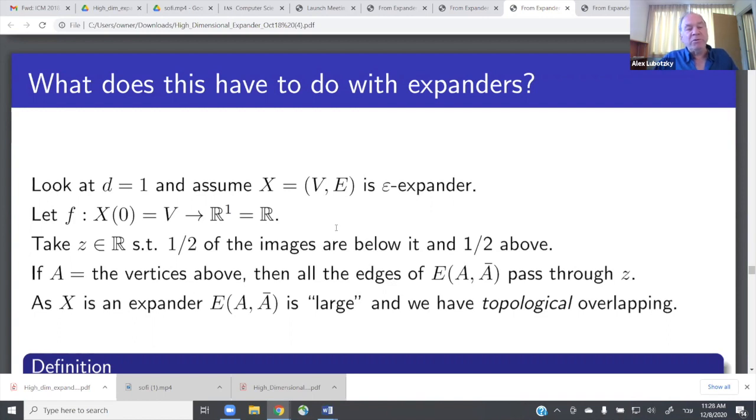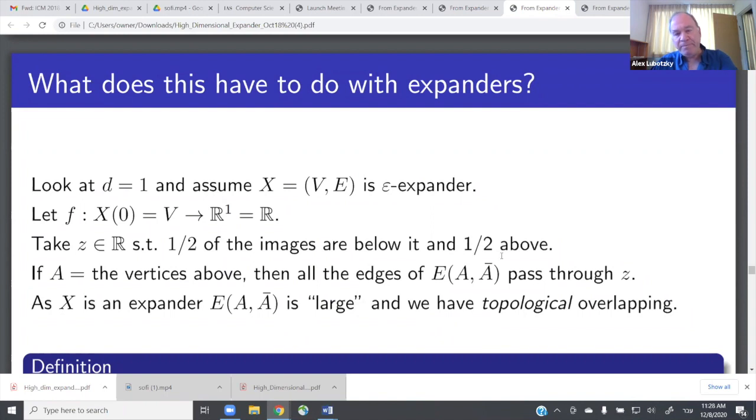Well, what we have to do is trivial, right? We take a map from the vertices X0 to the real numbers, and then we claim that there exists a point in R such that half of the images are below it and half are above it.